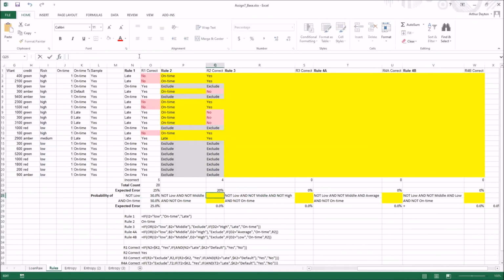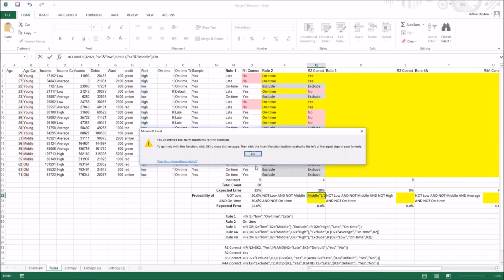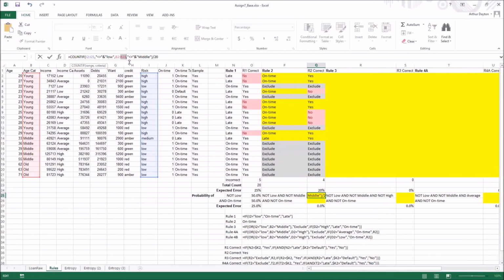We'll paste that in here, and we can say, hey, if our risk is not equal to low, and our age category is not equal to middle, so we'll just highlight our B values and say not equal to middle. So there we're calculating the probability of that occurring, and obviously I checked something up there.